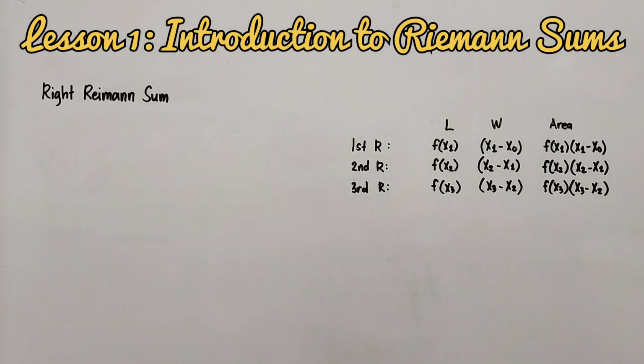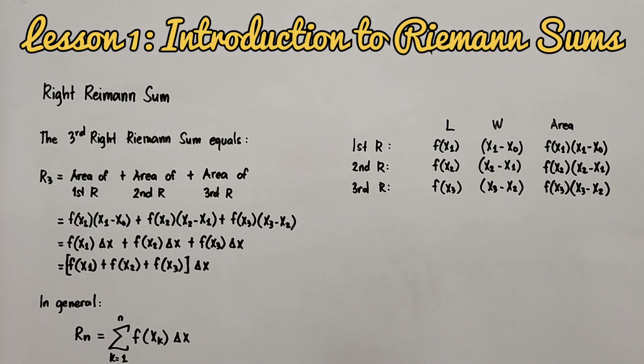This time, we are going to solve for the third right Riemann sum. To solve for the third right Riemann sum, we will add all the areas of the three rectangles. So we have R sub 3 equals area of the first rectangle plus area of the second rectangle plus area of the third rectangle. The area of the first rectangle is f of x sub 1 times x sub 1 minus x sub 0. Copying also the area of the second and the third.